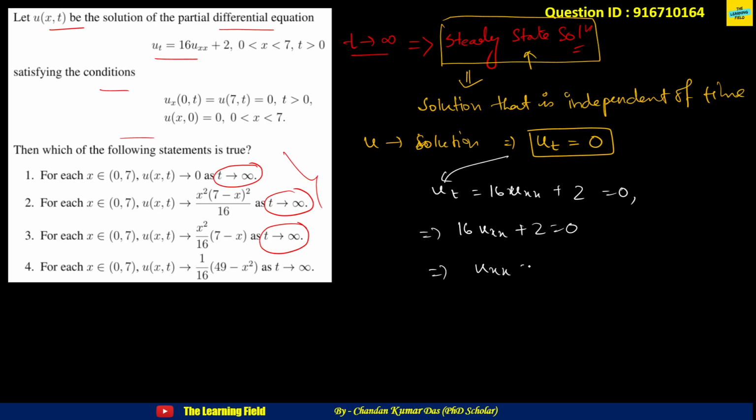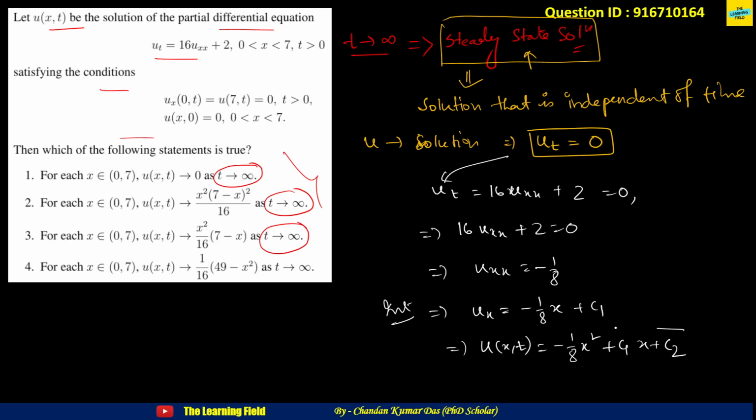So u_xx is equal to minus 1 by 8. If we integrate, then we get u_x equal to minus 1 by 8 x plus c1. Again, if we integrate, then we get u(x,t) equal to minus 1 by 8 x square plus c1 x plus c2. So this is the solution.